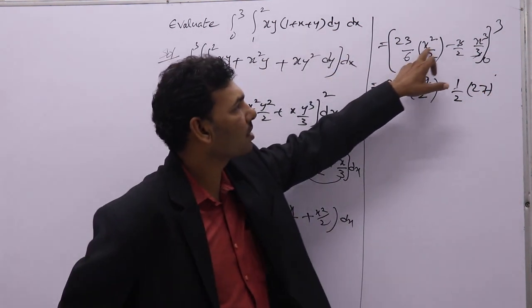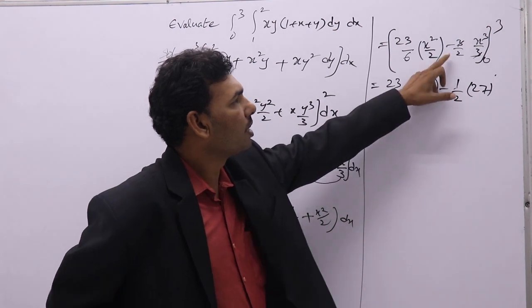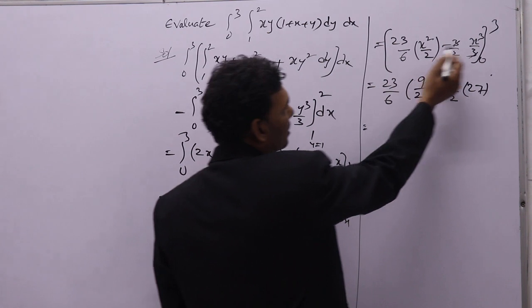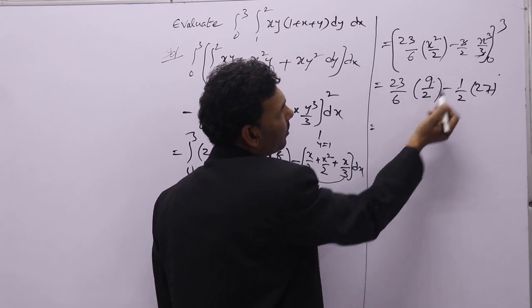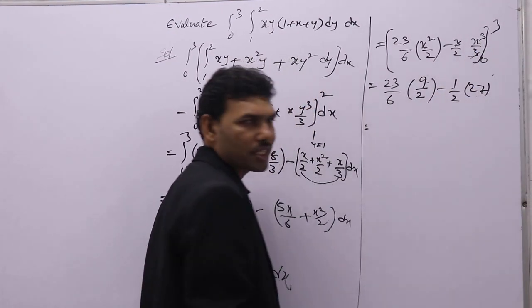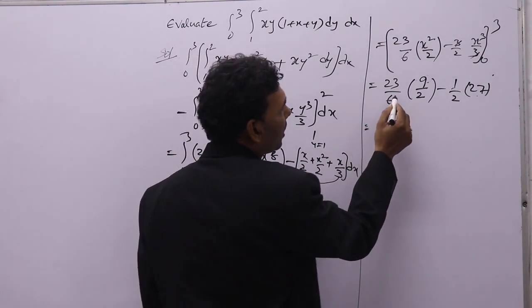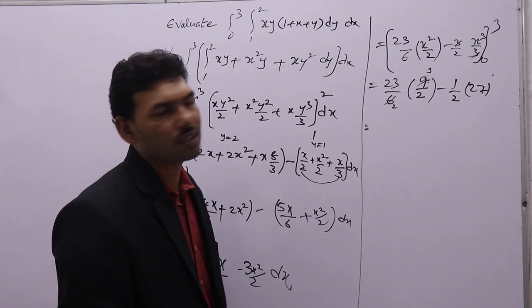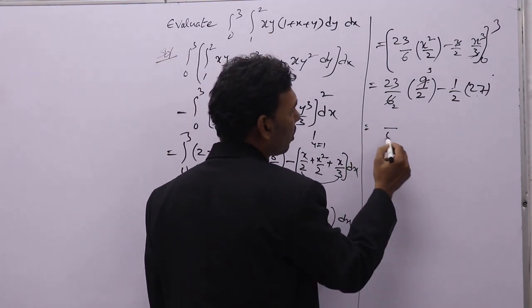23 by 6, 3 square is 9, 3 and 3 get cancelled. Now write in the place of x, 3 square 9, 9 by 2. Write in the place of x, 3 cube is 27. Now cancel. 2 2s are 4.